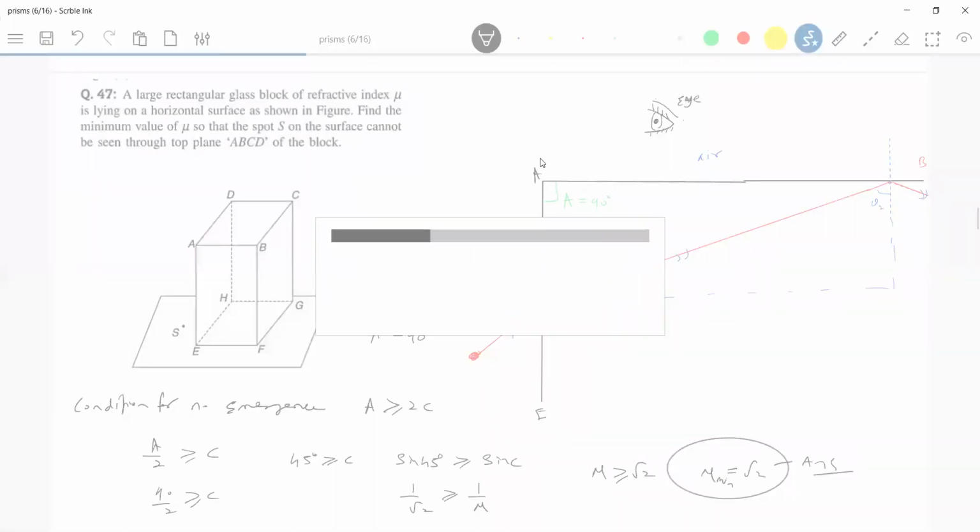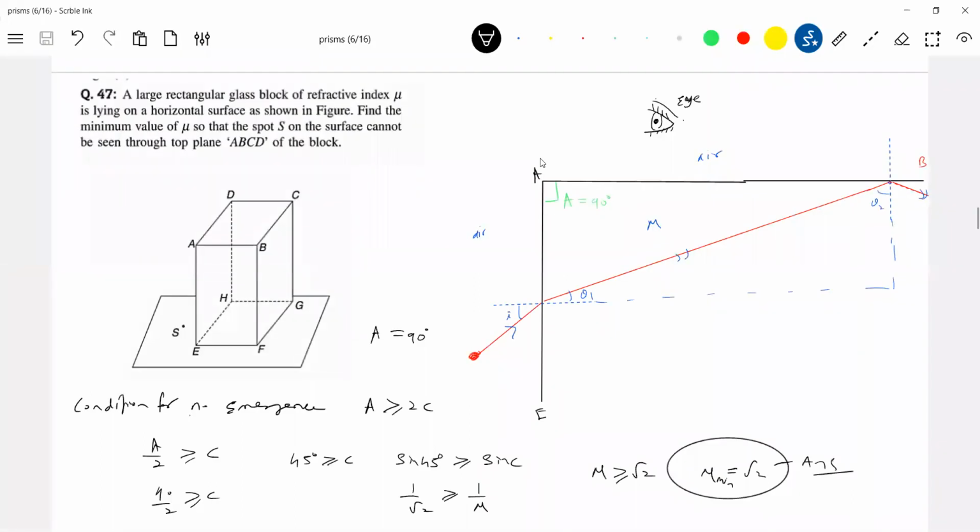Okay, fine. So do take help of the ideas, whatever you have studied. You should know how to apply them in different situations. Or else what happens? You can also do it by another method. Apply Snell's law here. Sin i is equal to mu sin theta 1. Then here the condition for critical angle: theta 2 should be greater than or equal to the critical angle for it to undergo TIR at the surface AB.